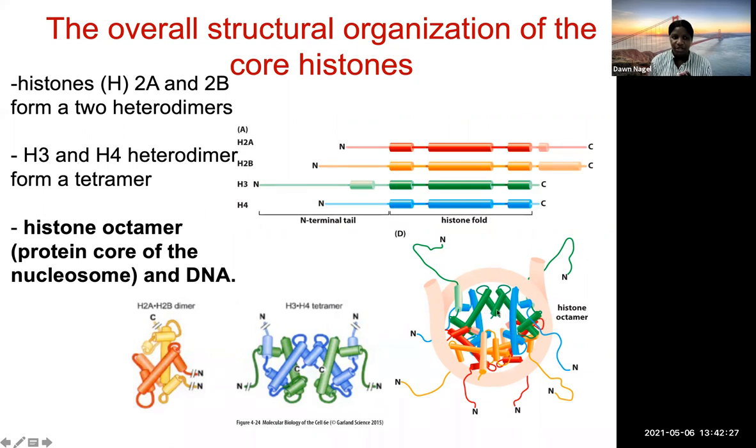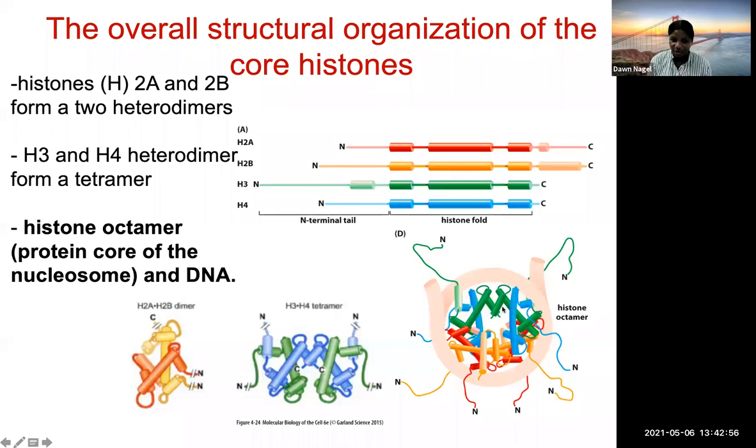This includes H2A and H2B, which form 2 heterodimers, so you have this dimer twice. And then you have H3 and H4, which form a tetramer. So you have 4 components, but the way they come together forms this histone octamer, which makes up the histone core of proteins.